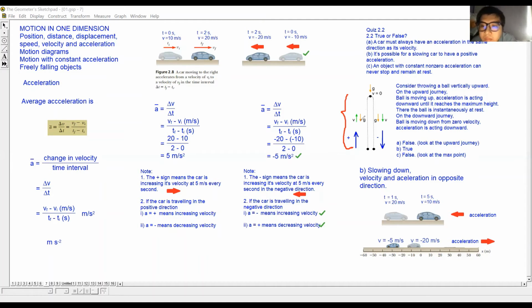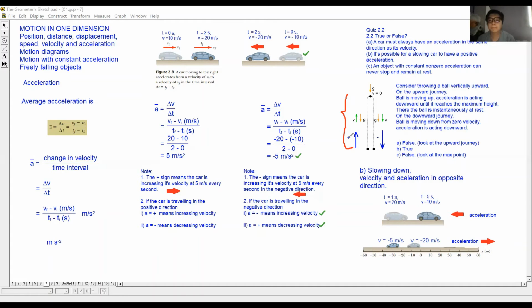However, the acceleration is acting downward because of the gravitational pull, so your ball becomes slower and slower.